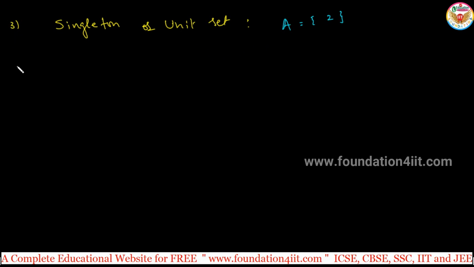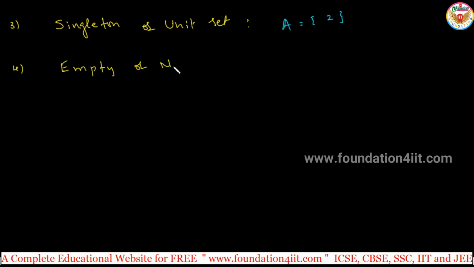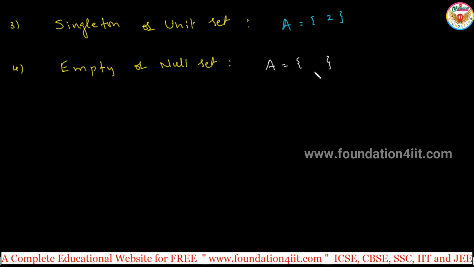Next, the fourth one is the empty or null set. A set having no elements. Set A is just empty braces, you can write. So a set having no element at all. That means the set which has no element in it is called an empty or null set.